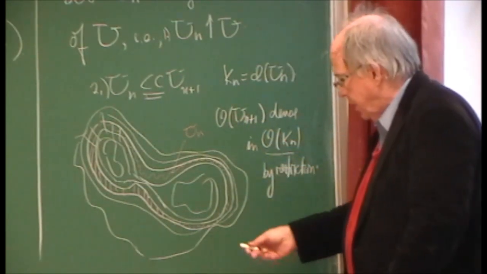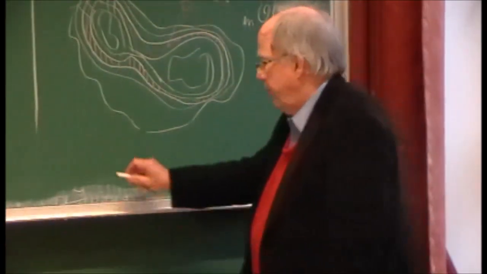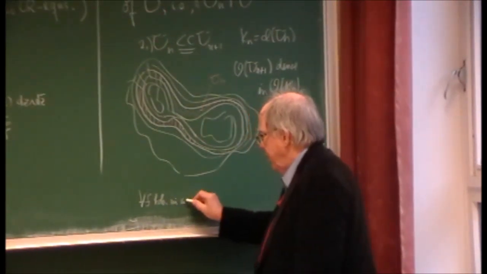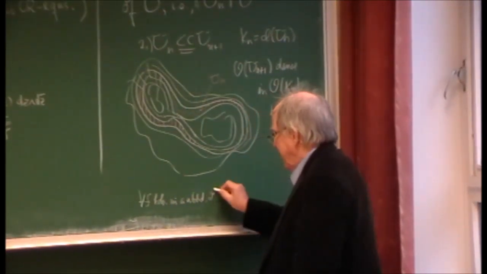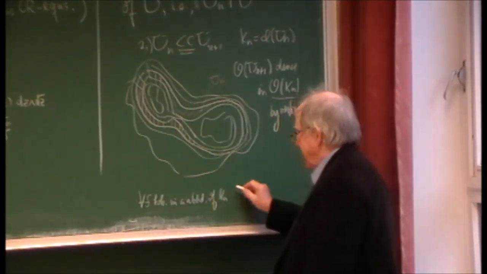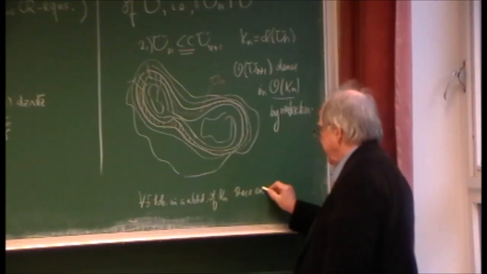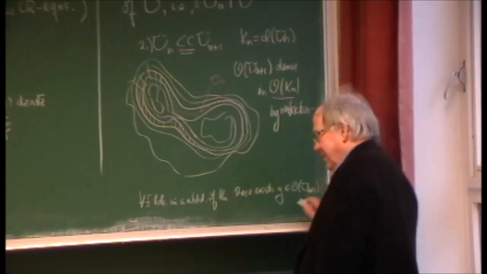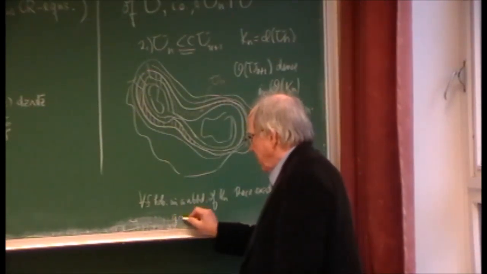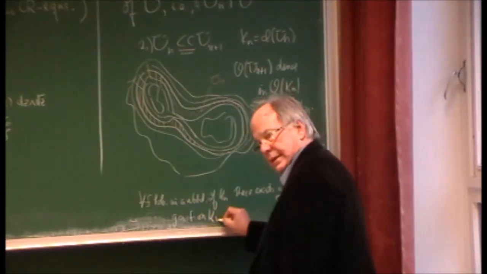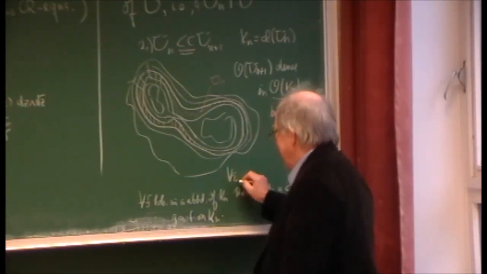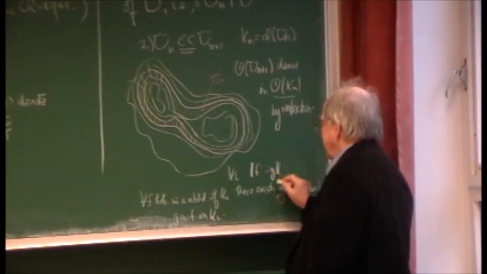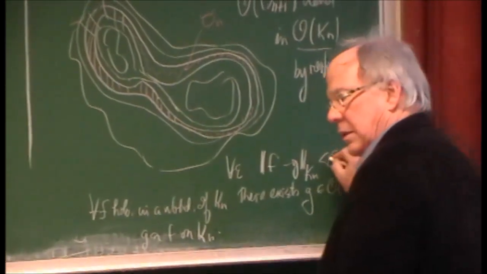Okay, so I could write it here, maybe I will write it. For all f holomorphic in a neighborhood of Kn, there exists G holomorphic on Un plus 1, such that G is approximately F on Kn, and that means that given epsilon, you can find that G so that the sup norm on Kn is less than epsilon.